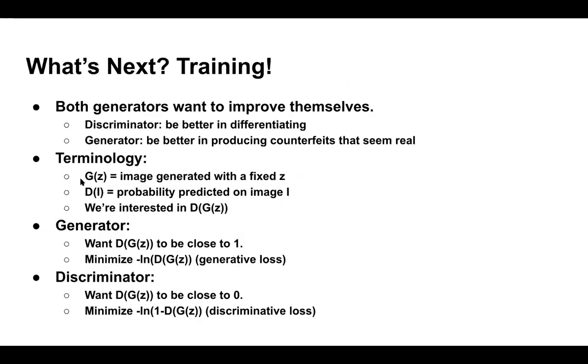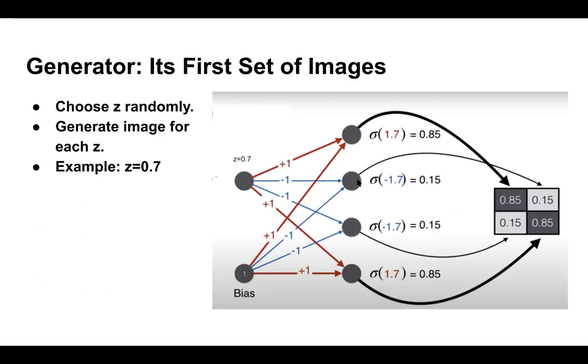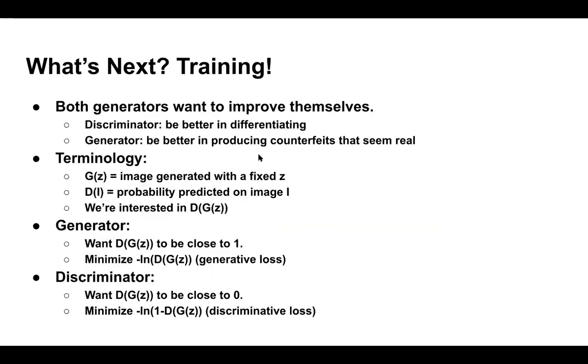So G of Z is the image generated with a fixed Z. Just now this one is G of 0.7. And D of the image is the probability predicted by the discriminator that this image is real. As a result, we are interested in what D of G of Z is. The generator wants to fool the discriminator, and therefore it wants the discriminator to think that it's real. So it wants this D of G of Z to be close to 1.